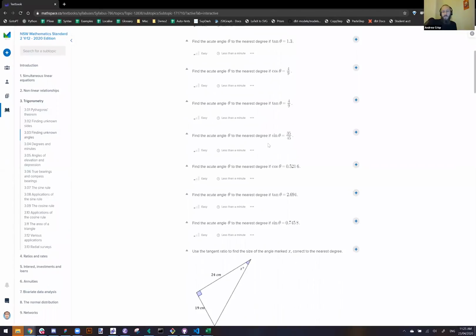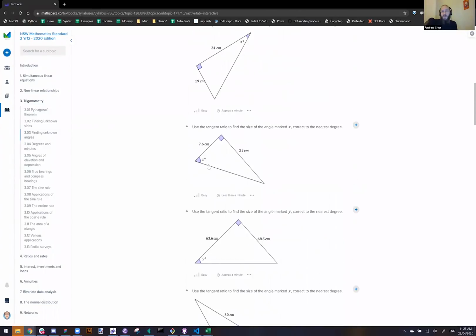Okay. So this time, when I look at this triangle, this is going to be exactly the same as the previous triangle. It's a little bit different, but not by much. So x opposite is 21 and adjacent is 7.6. The opposite over the adjacent.